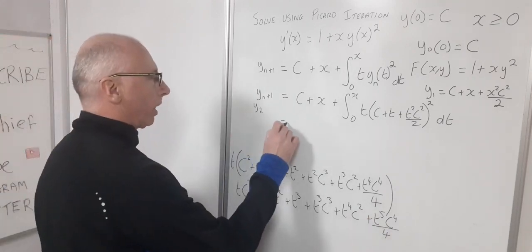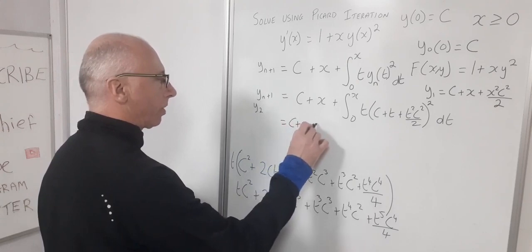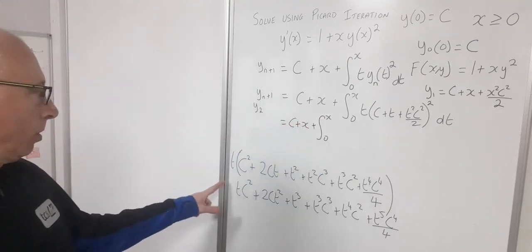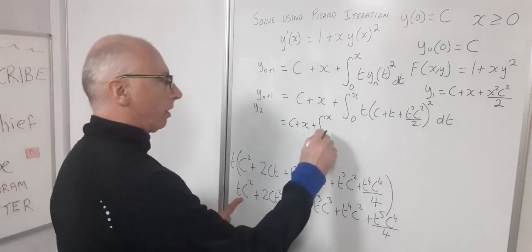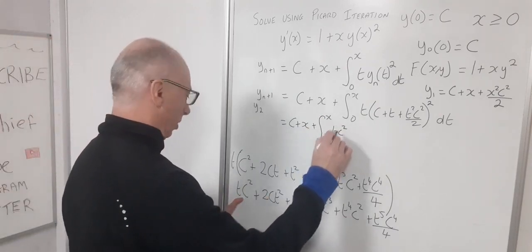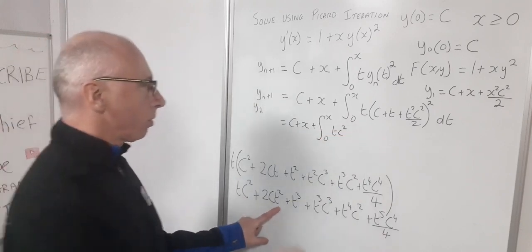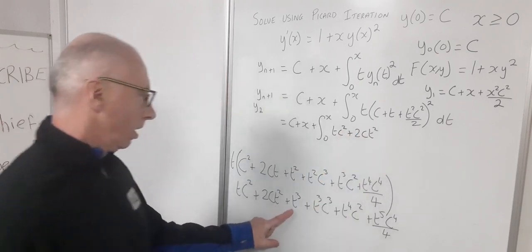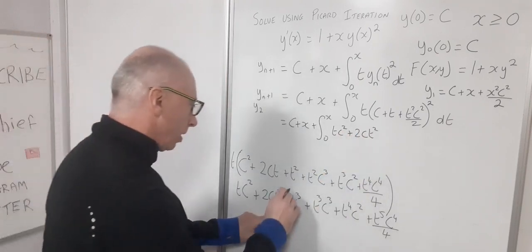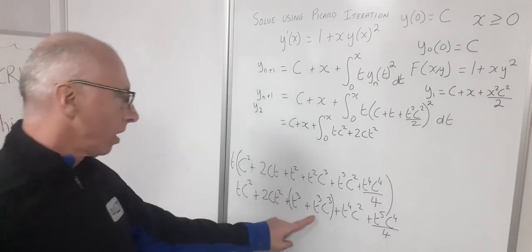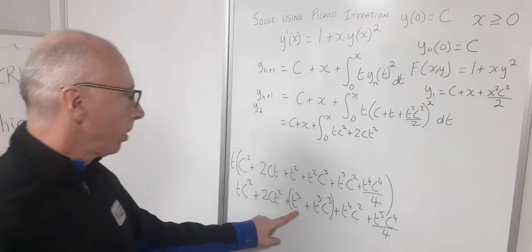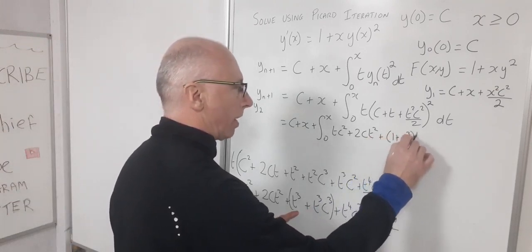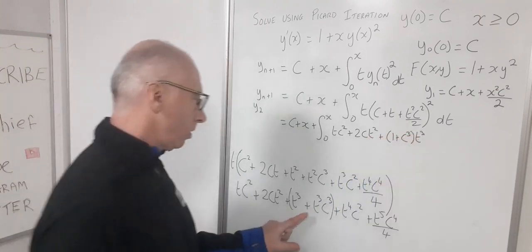So y of 2 will equal c plus x plus, let's make room for my integral, and now tc squared plus 2c t squared. Now this one we said we were going to break apart into factors, so take out the c cubed, so it's 1 plus c cubed, and then t cubed, so that's all my t cubes.